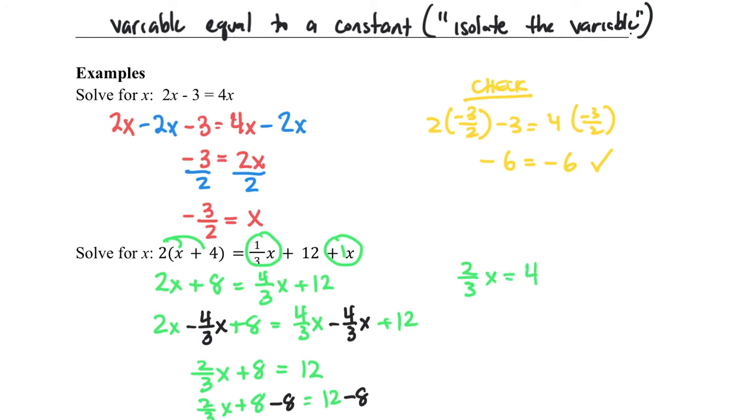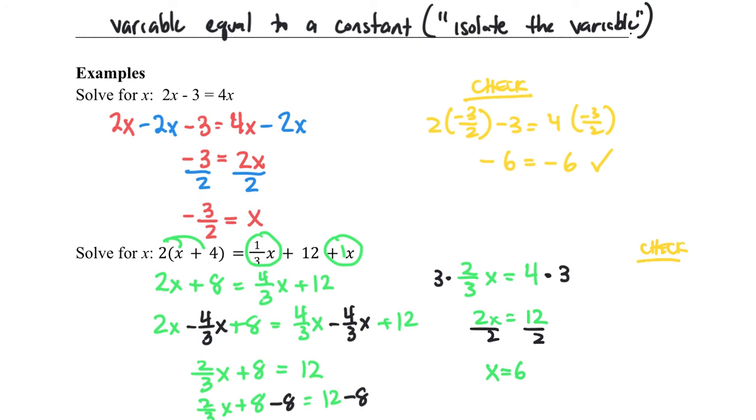Now to deal with this 2/3, the easiest way to do it is to multiply by 3 on both sides. That's going to take care of the 3 in the denominator. So now I have 2x equals 12, and then divide by 2 on both sides. x equals 6. And now I'm going to check this, and then we're going to be done.